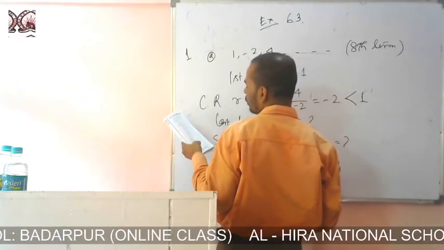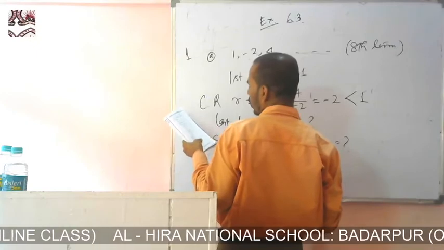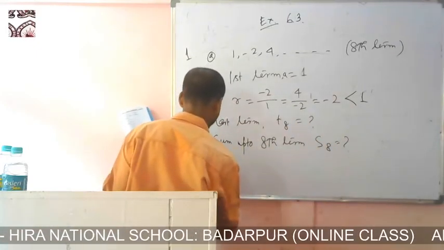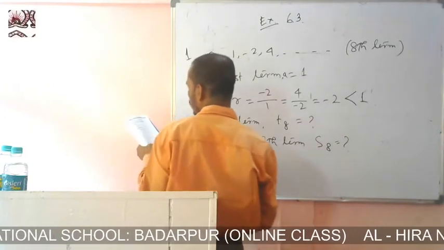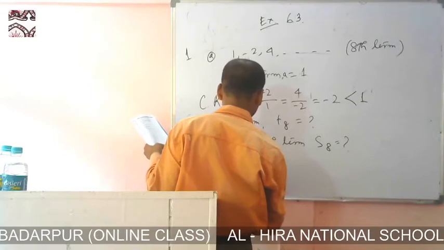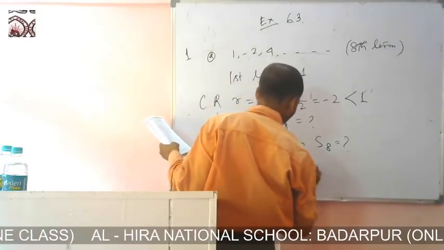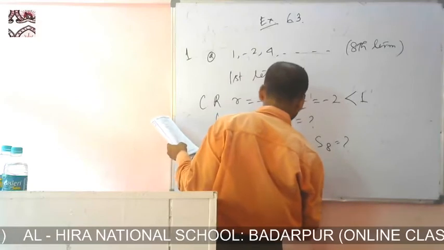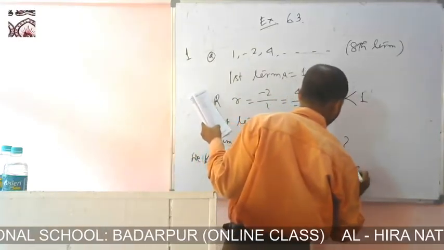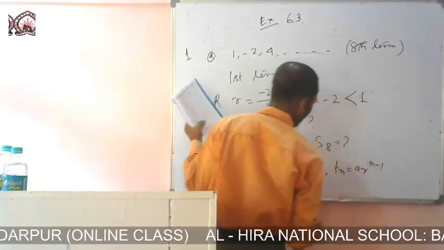So we know the nth term of GP, Tn, is equal to a r to the power n minus 1.